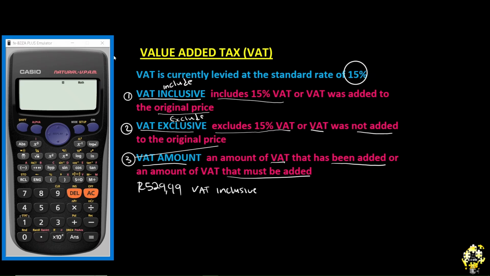By now you understand that when we say that an amount of 529.99 is VAT inclusive, we are simply telling you that a VAT of 15% was added to this amount. This amount already includes VAT.